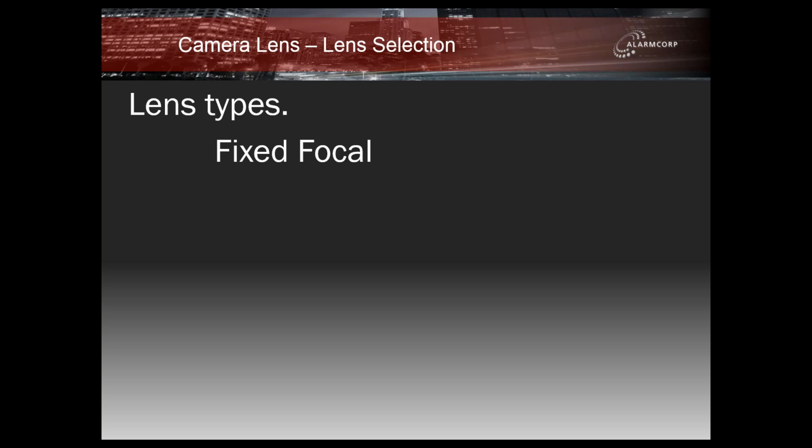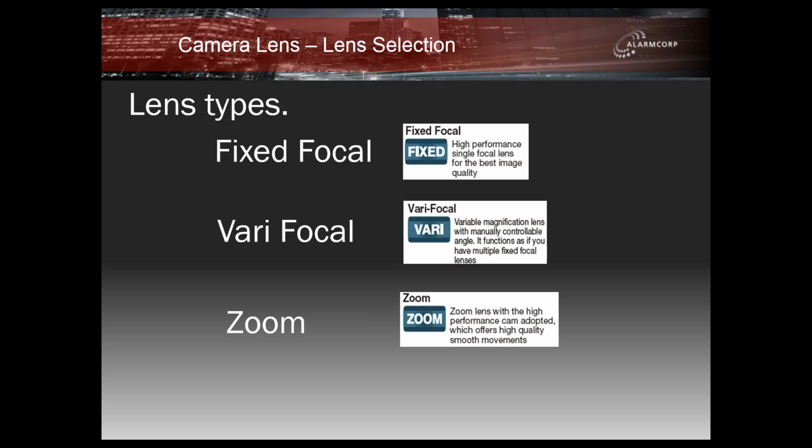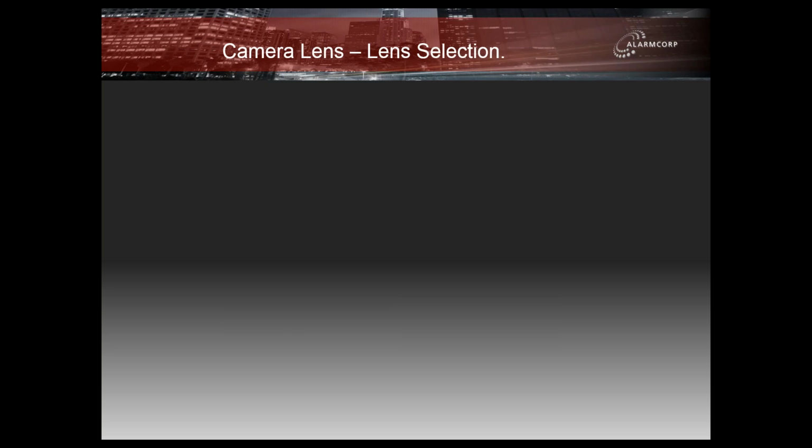There are three types. First type is fixed focal. Next type is varifocal, and the third type is zooms. Each have their place in the market, but Fujinon have dominated the broadcast lens market where excellent image quality is required. The technologies for those broadcast lenses is now adopted into Fujinon CCTV lenses.